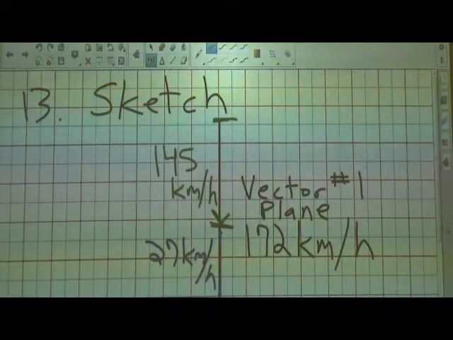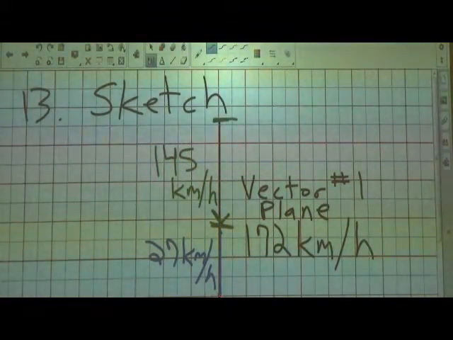Alright, here's a sketch. I know it looks like a bunch of stuff here, so let's just go through this. So here's the original vector going all the way down. That's vector number 1. That's the plane pilot recording 172 kilometers per hour going south. Then the gentleman on the ground saw the plane going south at 145 kilometers per hour, which would be right there.